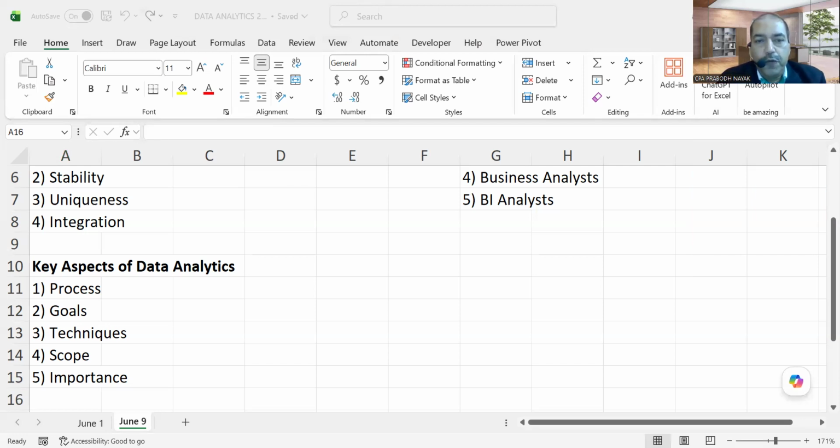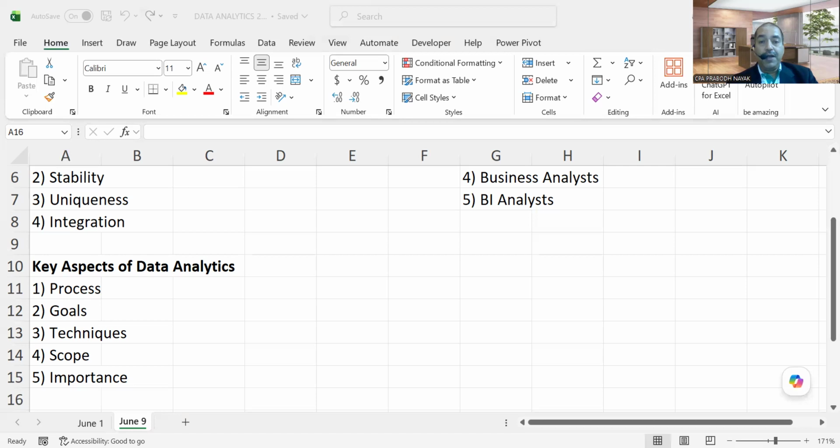First point is process. Process involves collecting the data, the process of data analytics. Collecting the data, cleaning the data, organizing the data, analyzing the data, visualizing the data. Now, you have seen the different roles that are available, in the same format. Right. So we started with data engineer.